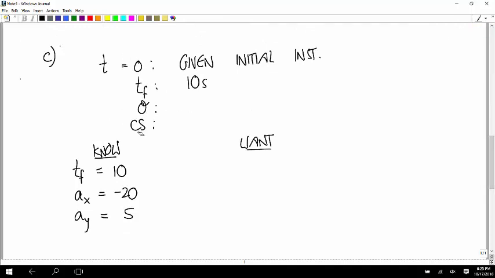The coordinate system direction has already been chosen, but the origin hasn't been chosen. So let's choose the origin to be at the object's position at time equals zero.